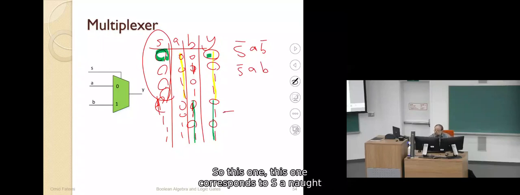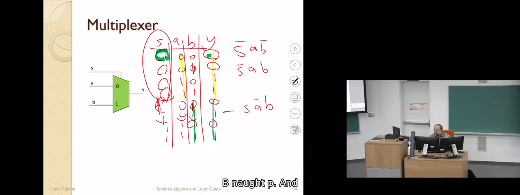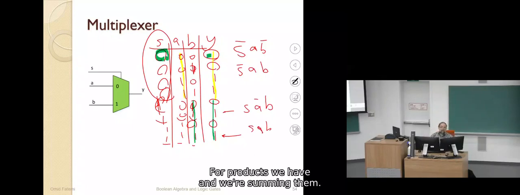This one corresponds to S, A naught, B. And this one corresponds to S, A, B. So we have 4 terms, a sum of 4 products. This is our function. So the function of Y is ORing these 4 terms.